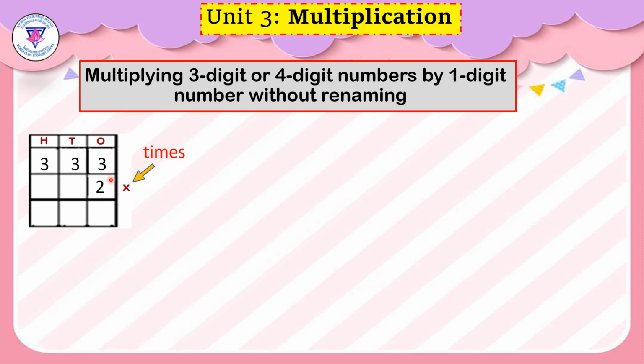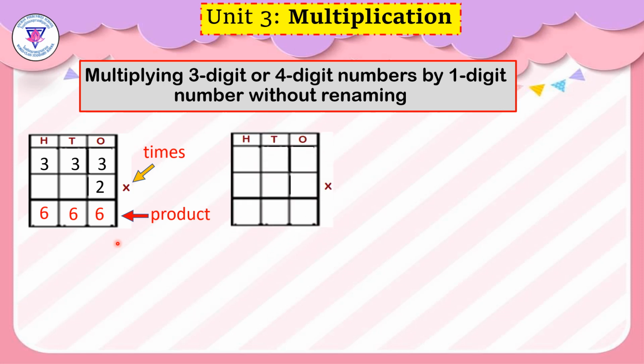So let's proceed. 3 times 2 is equal to 6, and then 3 times 2 is equal to 6, and then 3 times 2 is equal to 6. As you can see in the answer, there is no renaming. Before I forget, the answer in this multiplication is what we call the product.